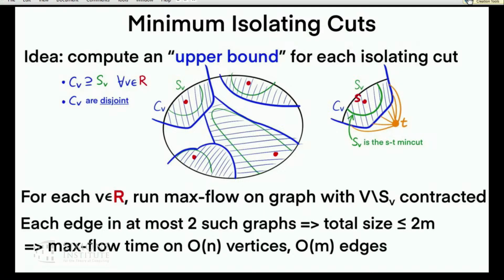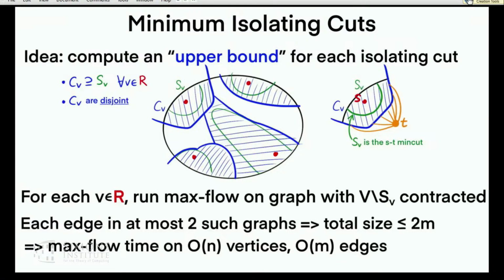Now, what is the running time of all these s-t min cut calls? Note that because the sets C_v are disjoint, each edge in the original graph is in at most two such contracted graphs, in the worst case, and that is between two different C_v. If we contract the outside for each of these graphs, the edge will belong in those two graphs but will not belong in any other graph.